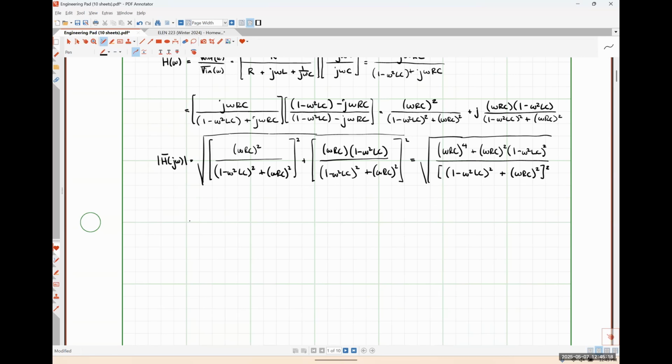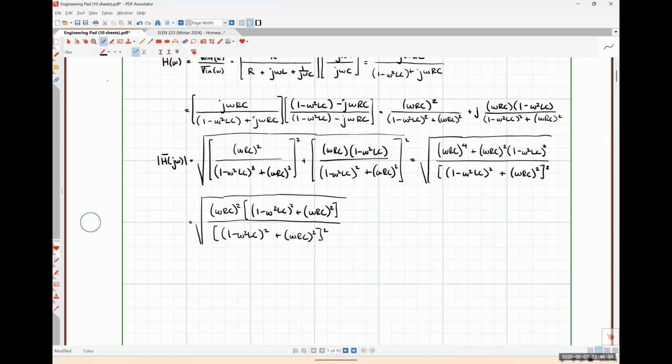That would look like omega RC squared times 1 minus omega squared LC squared plus omega RC squared, all over 1 minus omega squared LC squared plus omega RC squared, square that whole thing.